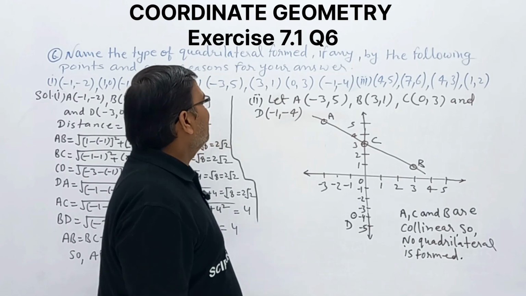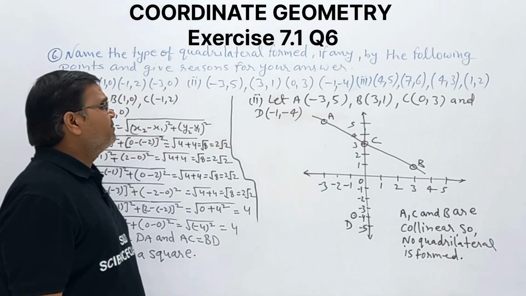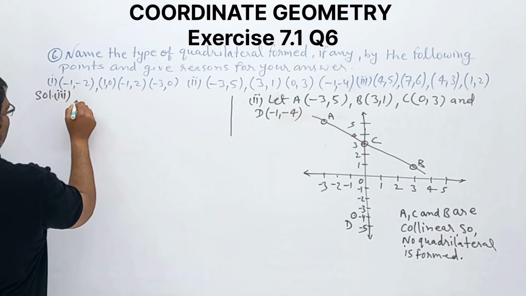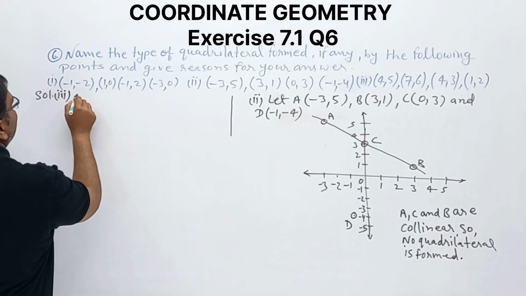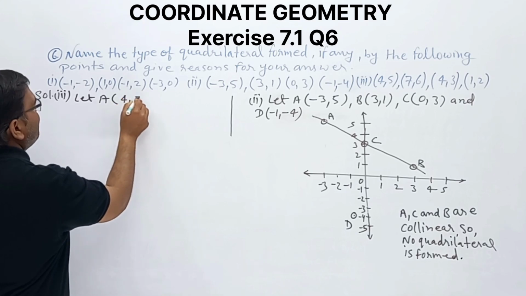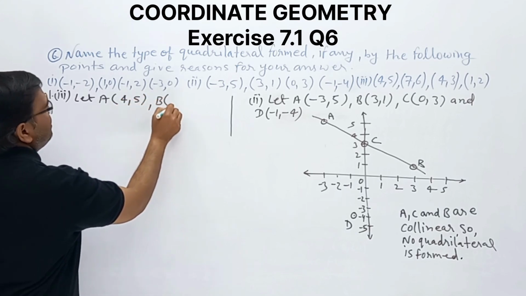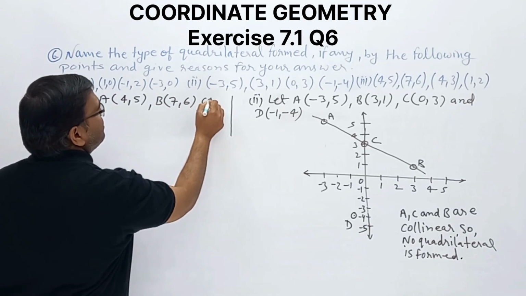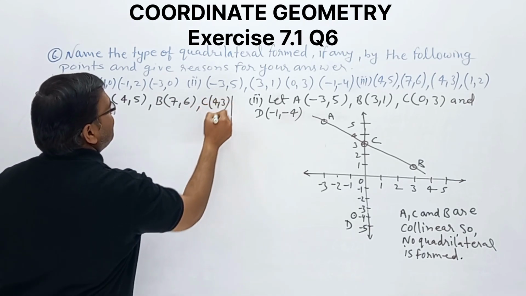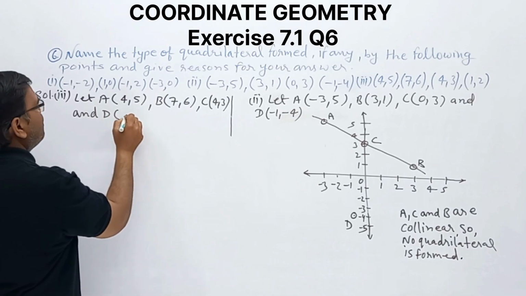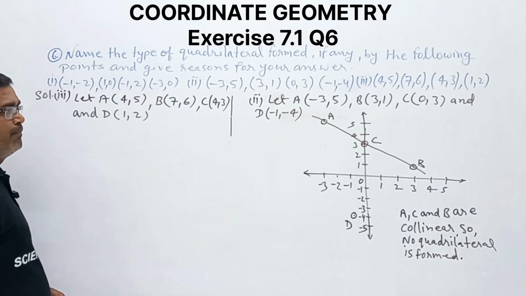Clear? Now next question, the third one, observe carefully, in which we assume A is (4, 5), B is (7, 6), C is (4, 3) and D is (1, 2).